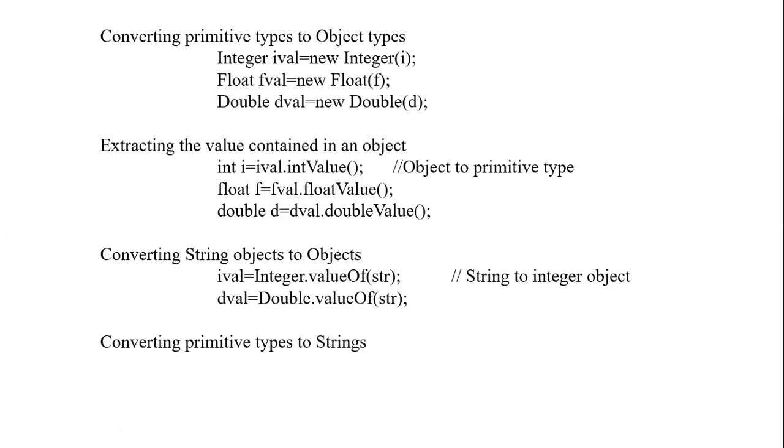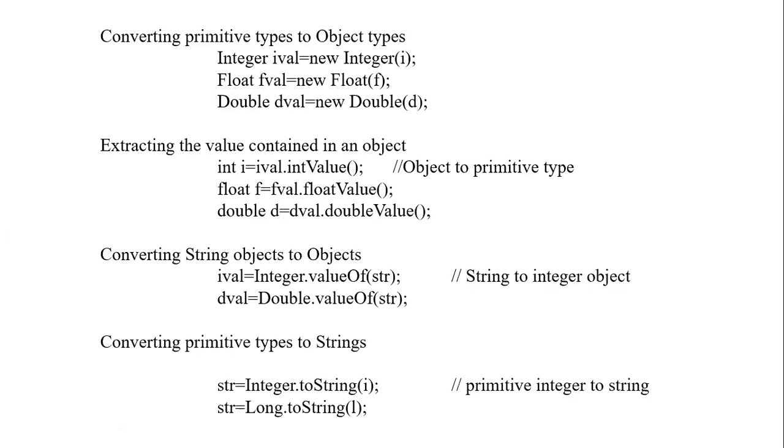Converting primitive types to a string is possible. 10 can be made as an integer 10, right? Long can be made as an integer long, that means string long, right? I wanted to convert a primitive type to a string, right? All these things are possible.